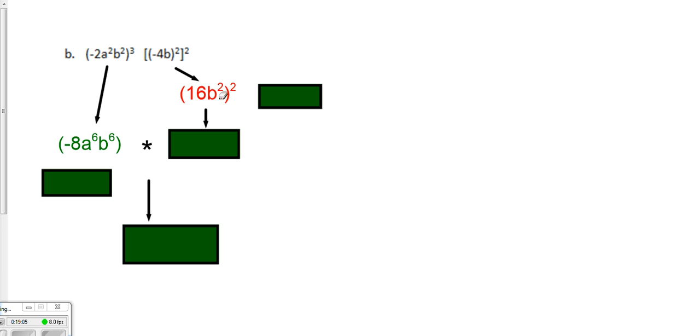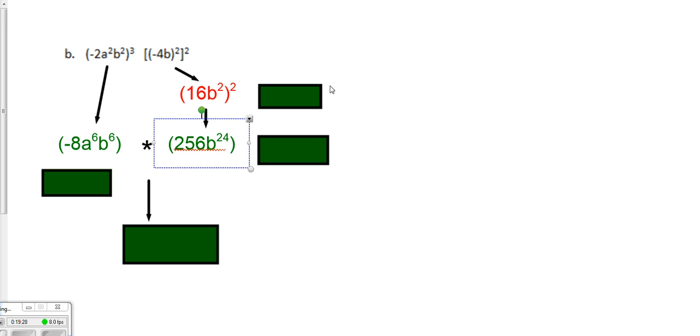So 16b squared, squared. The squared has to go to each of these pieces again. 16 squared becomes 256. B squared, and then squared, becomes b to the 4th power.